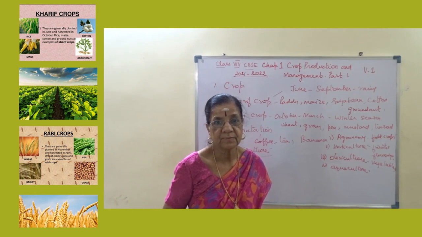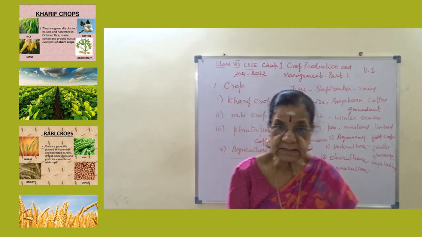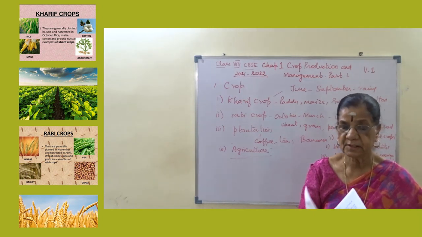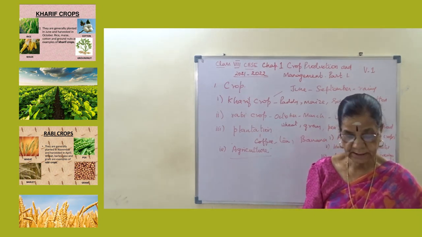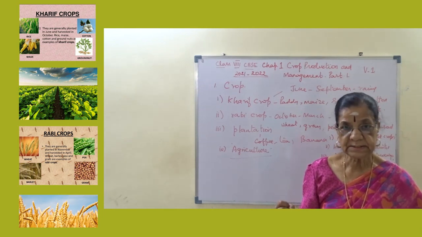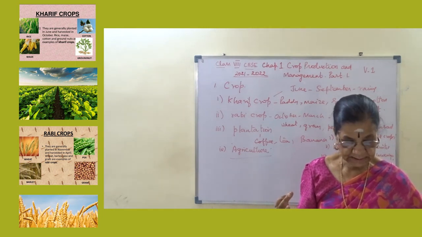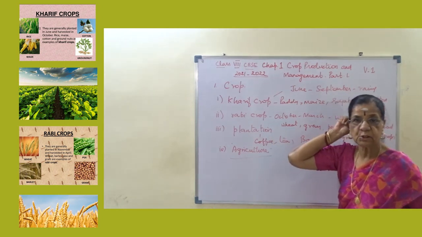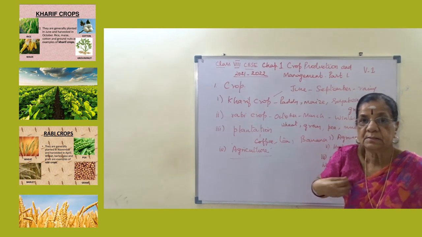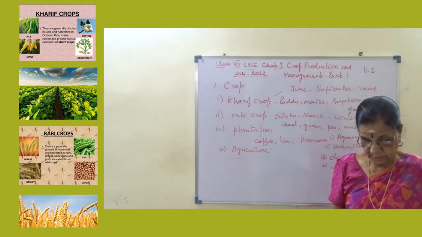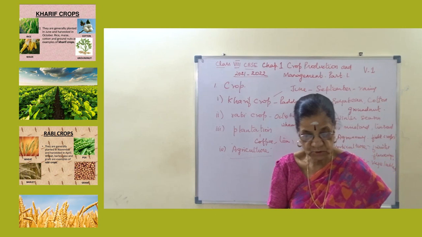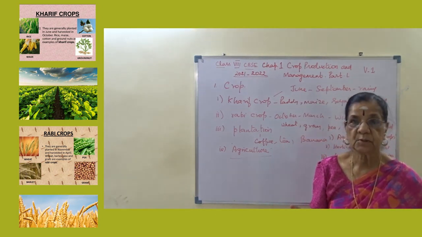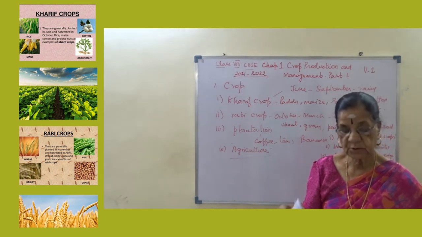I hope you understand. Then you should know examples for cereals, pulses, oil seed, nuts and dry fruit, and then plantation crop and spices. Spices also you should know.